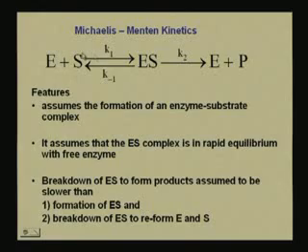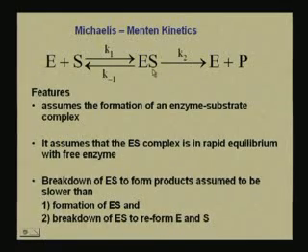So we have a rapid equilibrium here, that is the pre-equilibrium step, and the breakdown of the enzyme-substrate complex to form the products is slower than the formation of ES. So if this reaction is slow, what does this make this? This makes it the rate limiting step of the reaction.